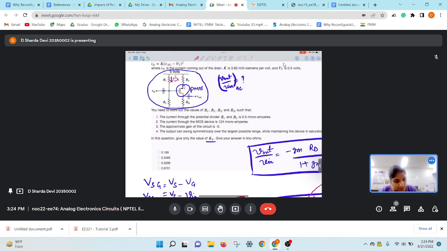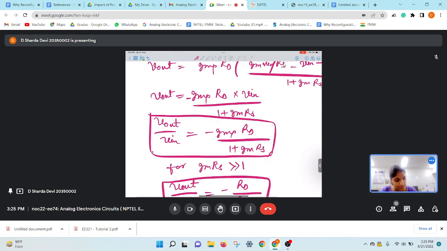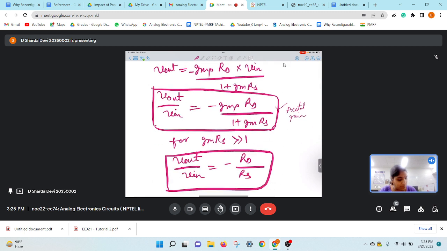Since it is flowing through the MOS device, it will flow throughout this path, and this current is 124 microamps. And the approximate gain is minus 5. The approximate gain means this is the actual gain, right?